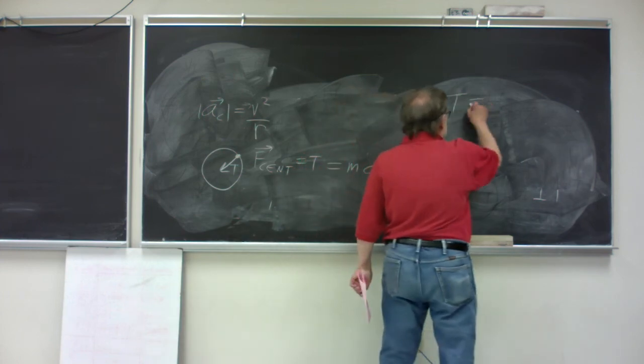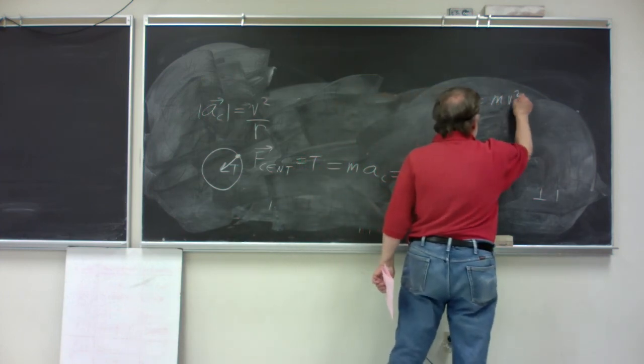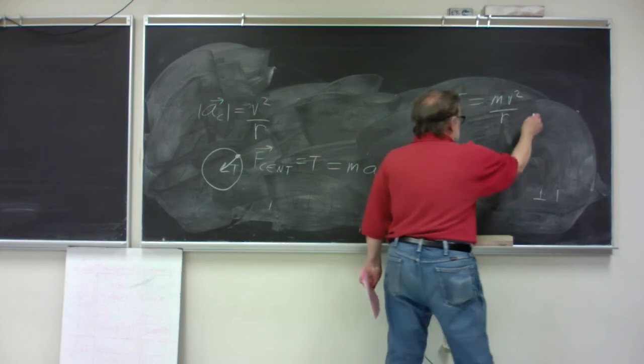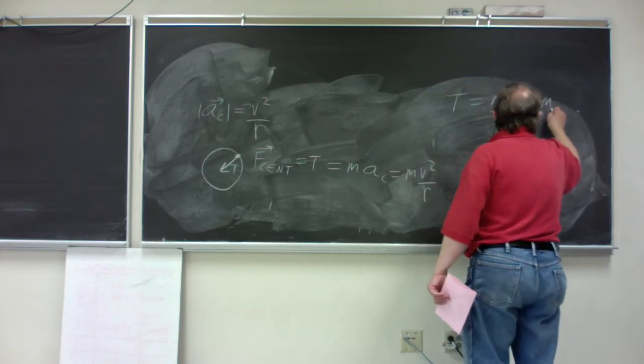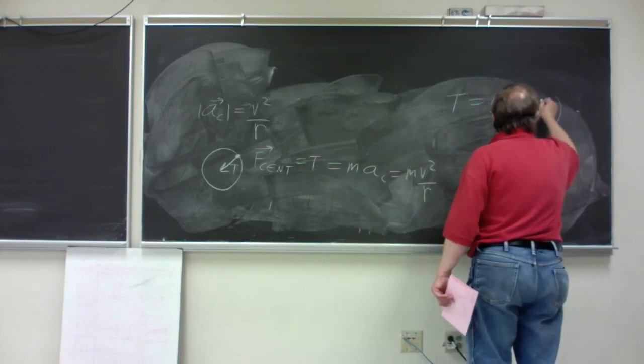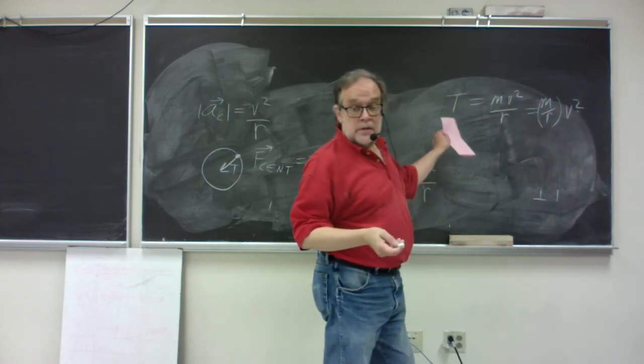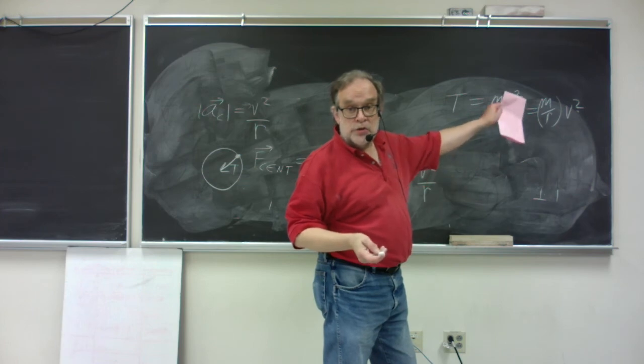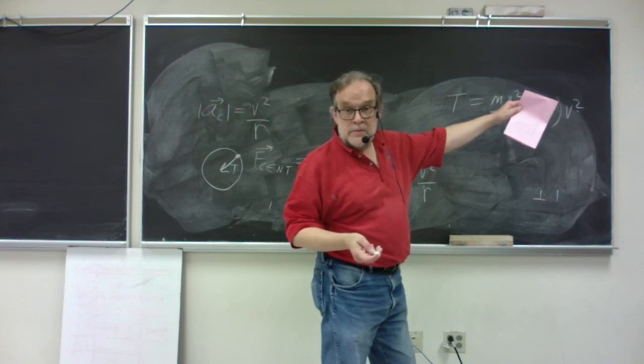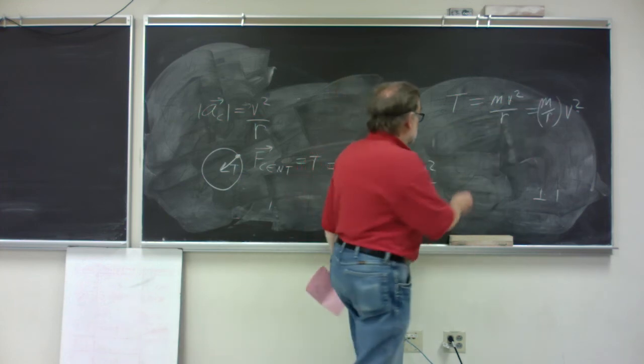So I've got this equation here, mv squared over r, but M and R are constants. So I could write the equation like that, and this equation, tension equals this constant factor of M over R times this variable factor V squared, looks like this.